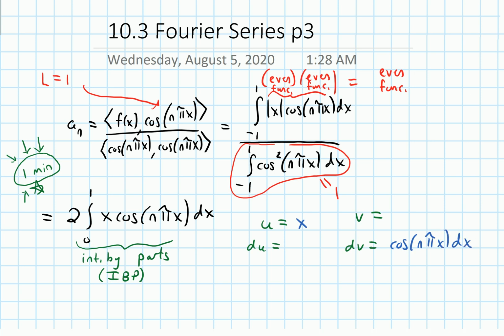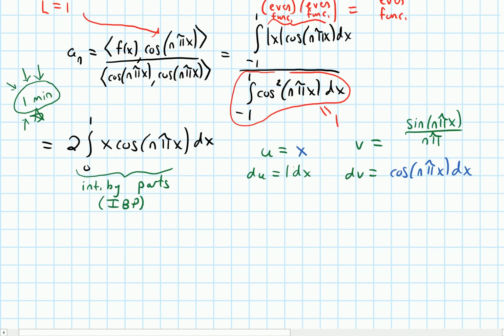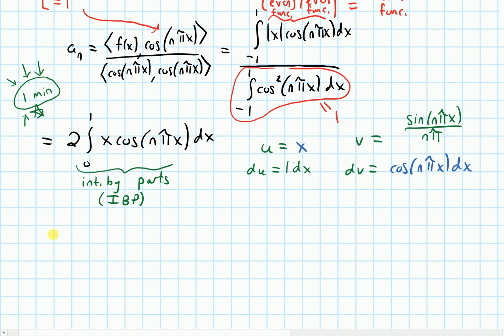So now let's write down the remaining stuff. du, the derivative of x, is 1, but technically it's 1 dx. And then the antiderivative of cosine of n pi x would be sine of n pi x, but divided by the constant here, the n pi. All right, so we got the setup for integration by parts. Now let's go ahead and plug those things in.